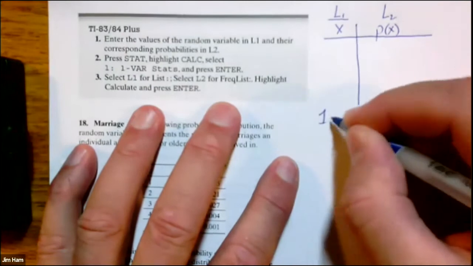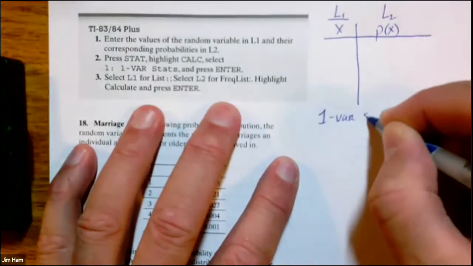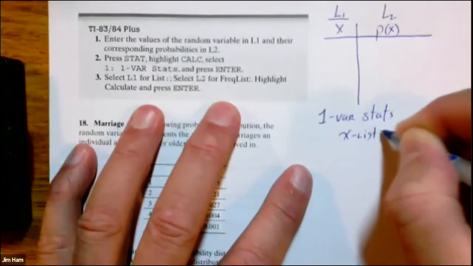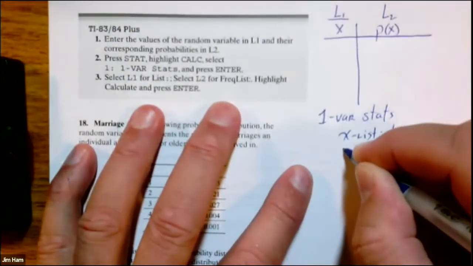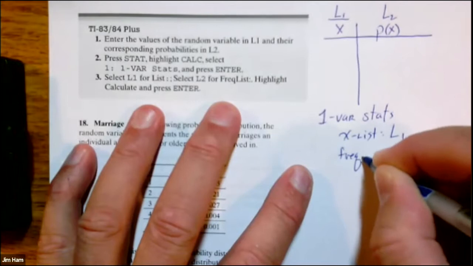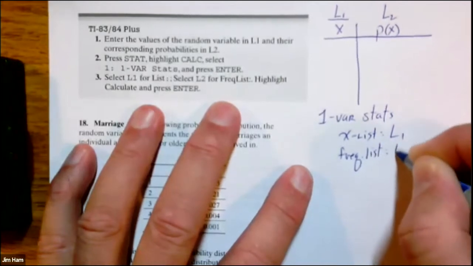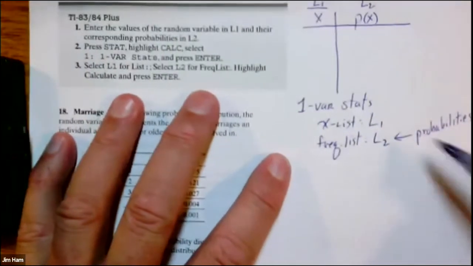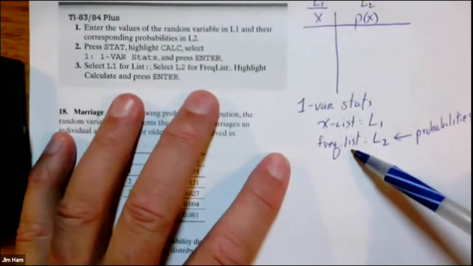And then we're going to run one variable statistics. You want your X list to be L1 and your frequency list to be L2. But the frequency list is going to contain the probabilities. In our earlier context, the frequency list was a list of whole numbers, frequencies.